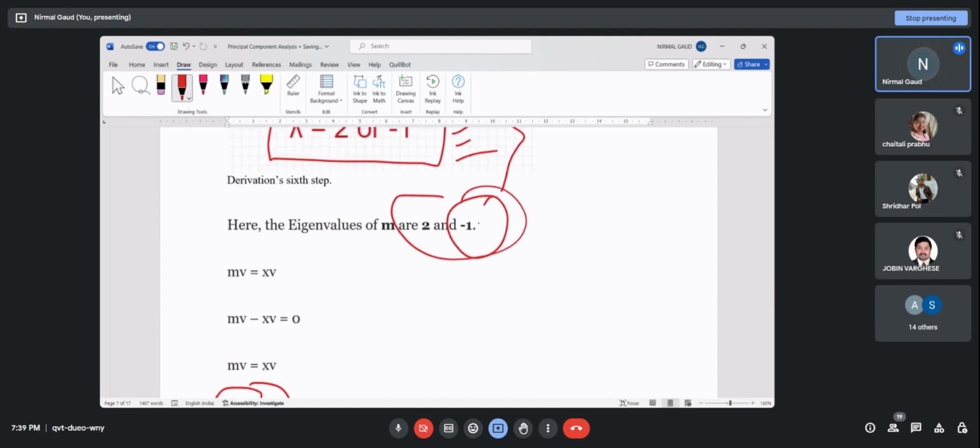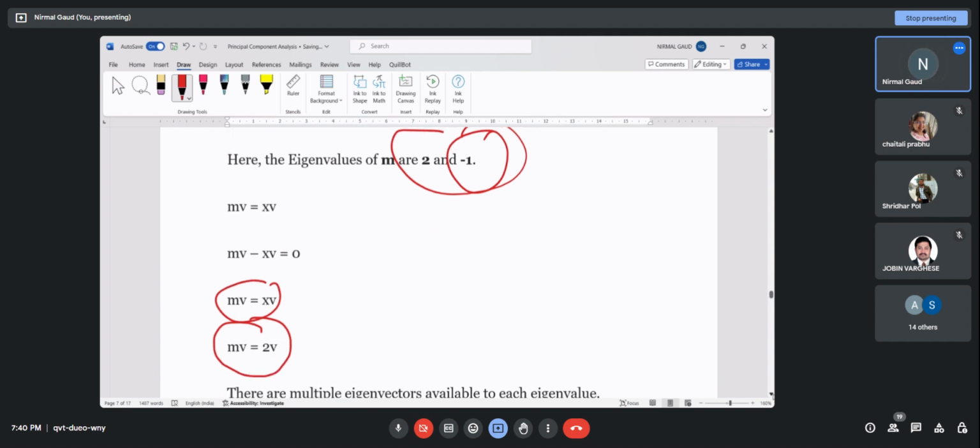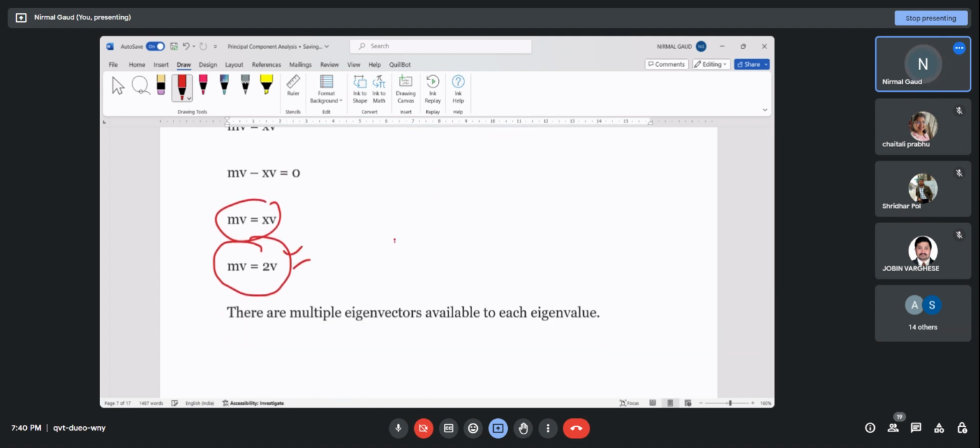I have already covered this topic in my previous classes, where I solved the complete eigenvalue and eigenvector concept. Whatever values of lambda you got, put them back here. You get Mv equal to 2v, and Mv equal to minus v.